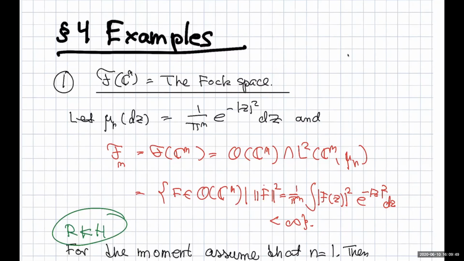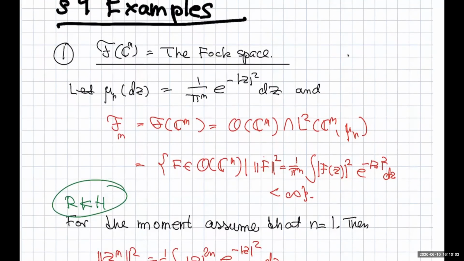So there are mostly two kinds of domain that we will be looking at. First of them is just the full complex space. And the measure that we use is the Gaussian. I should say one can do this much more generally by looking at the heat measure.